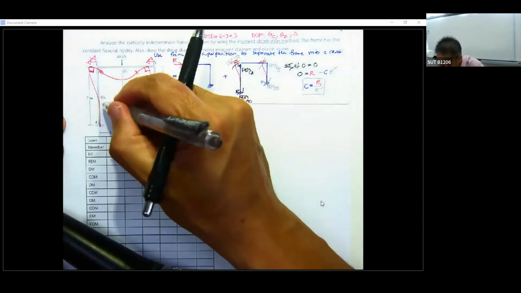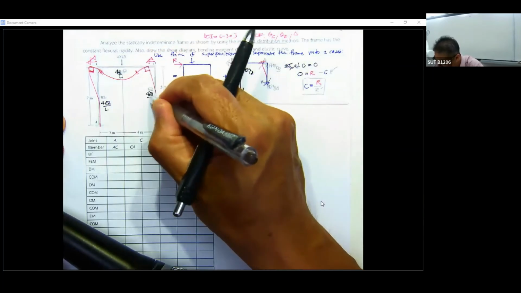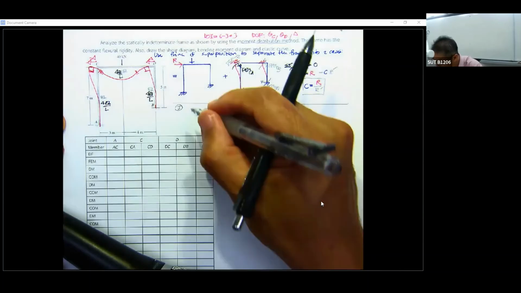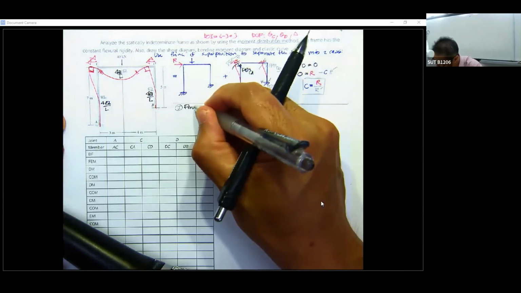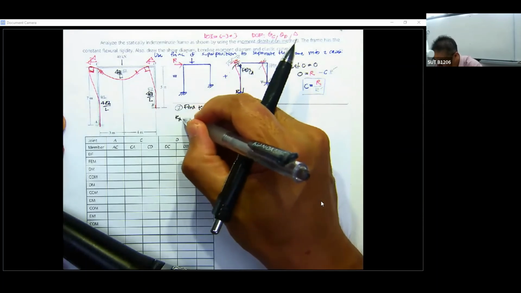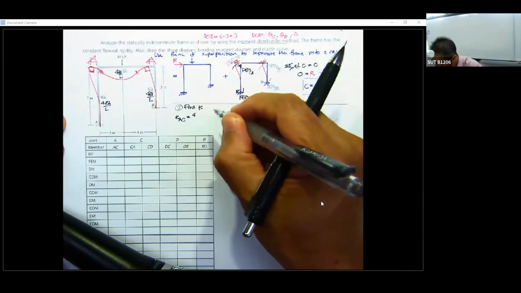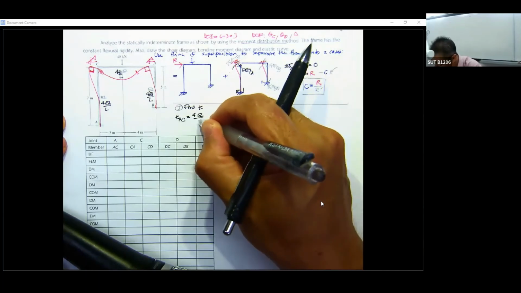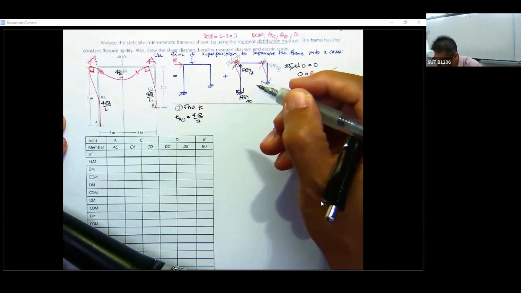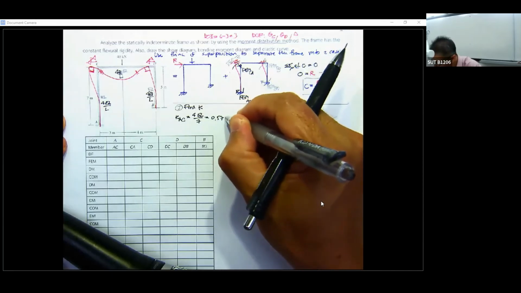Based on our analysis, this one is going to be 4EI over L, this one 4EI over L, and this one also 4EI over L. So first we find K. Our first K is K sub AC, which is going to be 4EI over 7.